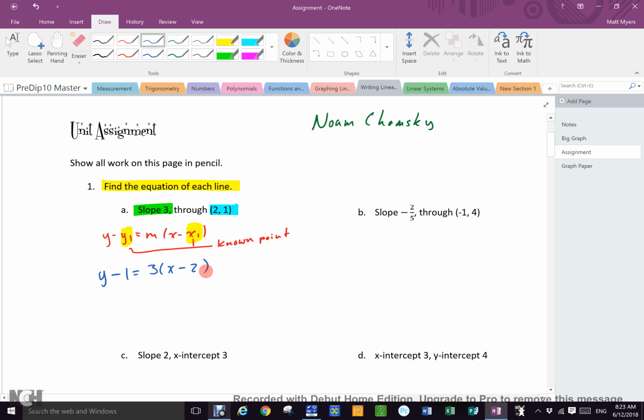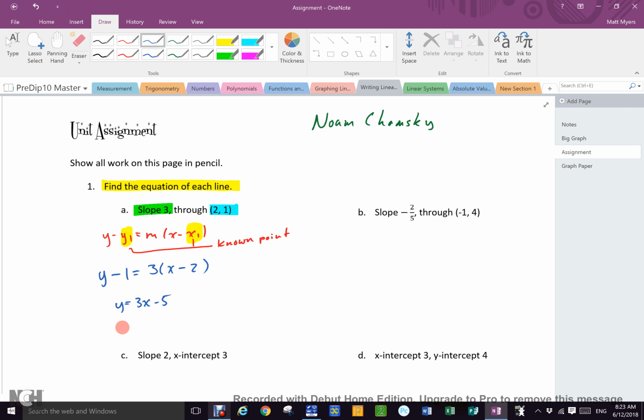Now, of course, you could also have y equals 3x minus 5. You could have that too. You could also have 3x minus y minus 5 equals 0.